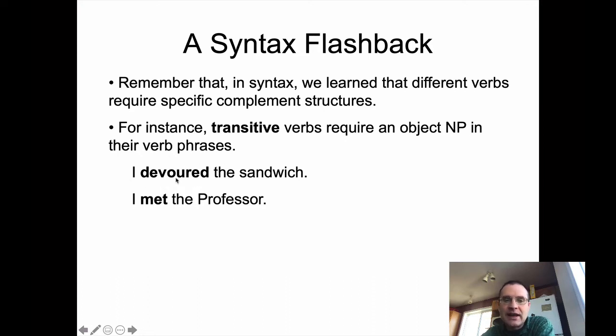So you can't just say I devoured. You have to say I devoured the sandwich or some form of food, or you can't just say I met. You have to say I met the professor. I was reading something the other day and encountered the verb exacerbate, which is a very good example of a transitive verb as well. You exacerbate a problem. You can't just exacerbate, right?